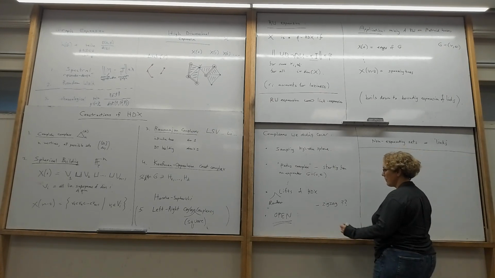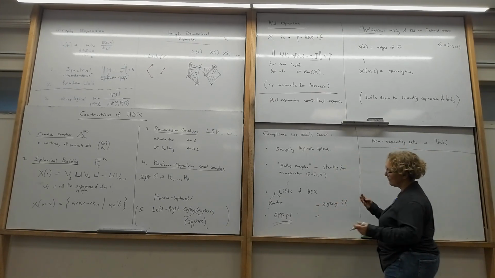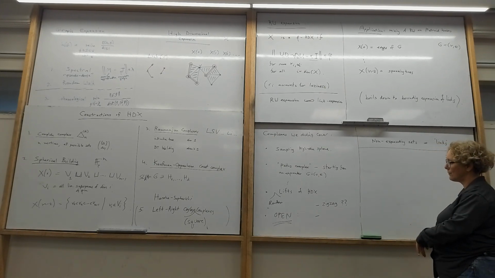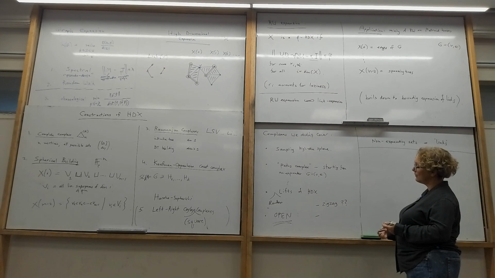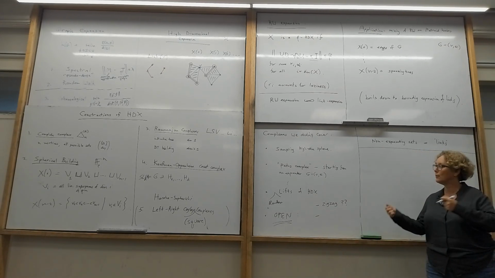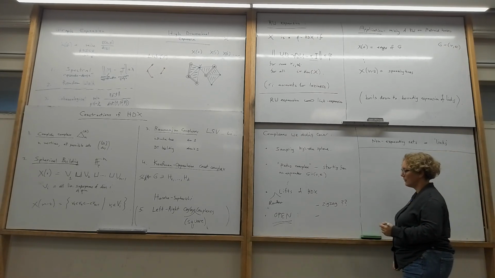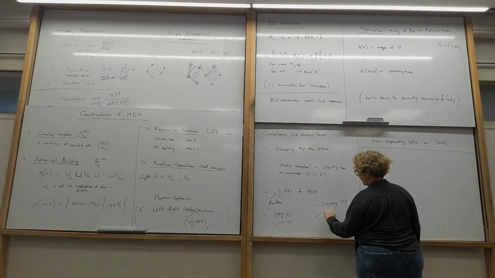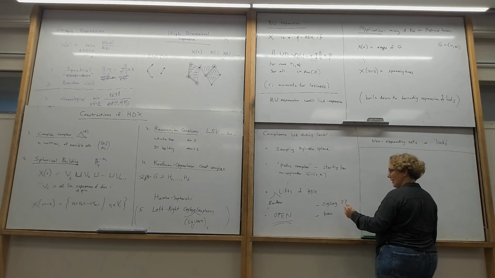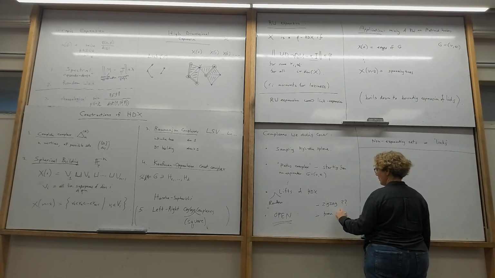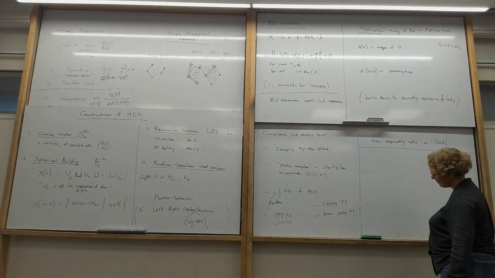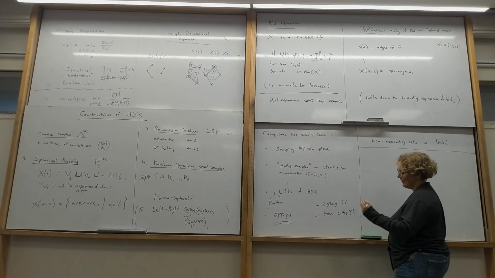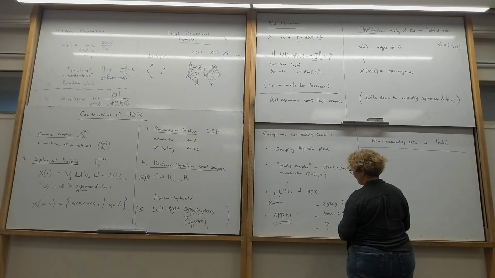We don't know. We have some works that construct codes from HDX, and we know how to construct expander graphs from good error correcting codes, so maybe we can construct also HDX from good error correcting codes. I don't know. And anything else is also interesting and open.